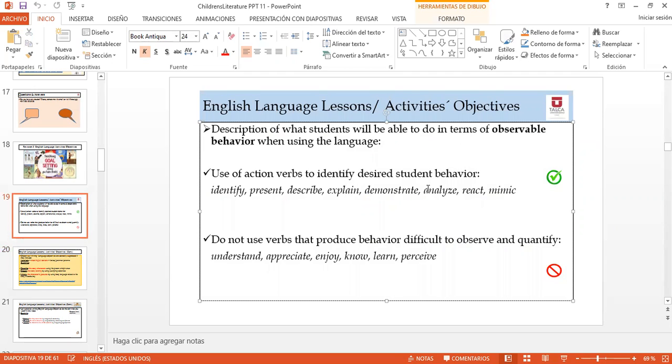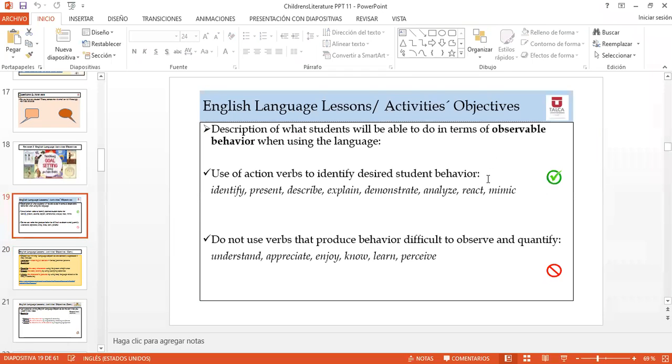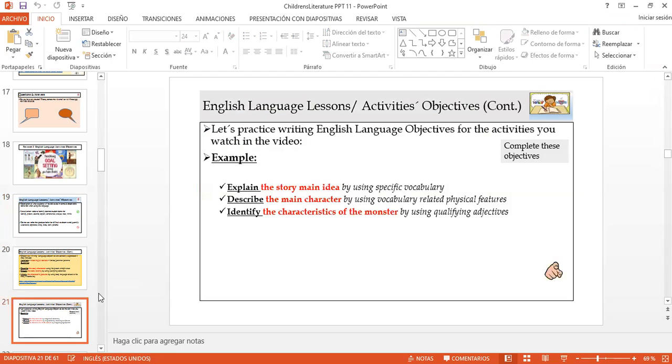Analyze can be done with language. Others can be just non-linguistic expressions. And in that case, you have react, mimic, here.